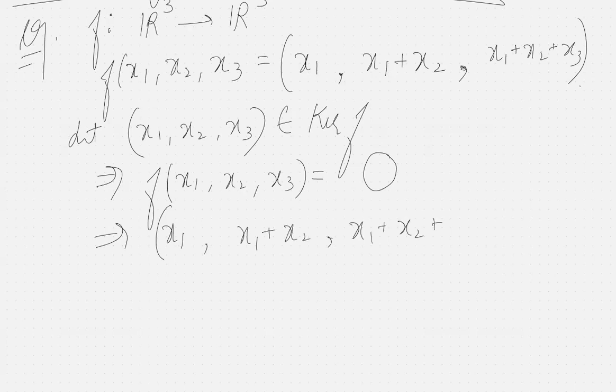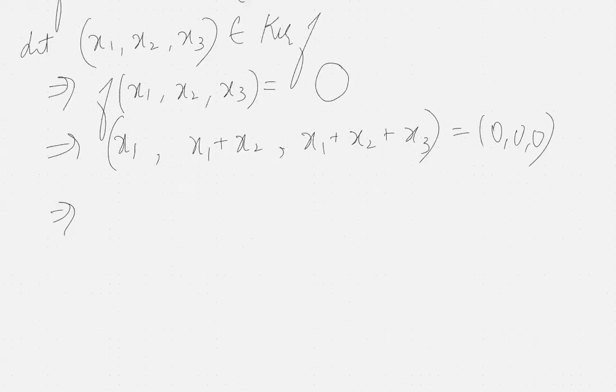Now we can equate both sides. So this implies that x1 = 0, x1 + x2 = 0, and x1 + x2 + x3 = 0.